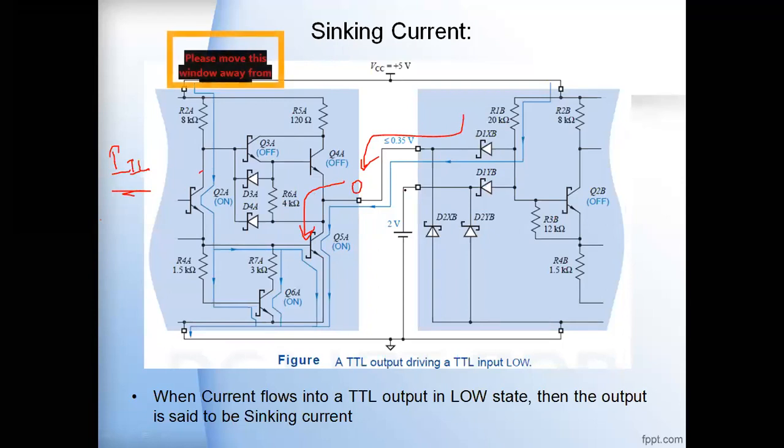What is the maximum current that you can see in this condition? Is the diode forward biased or reverse biased? The diode is forward biased because of the low voltage. When the diode is forward biased, obviously the current will be in the order of milliamperes, but it is flowing out of the input circuit, therefore it will be a negative current here.